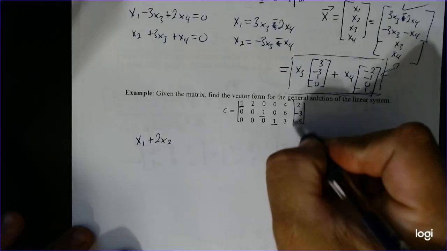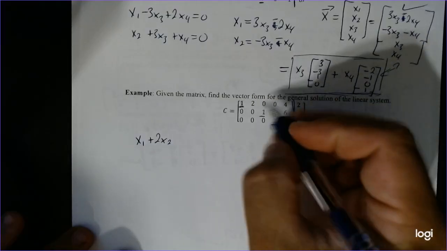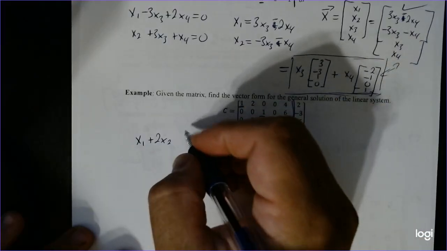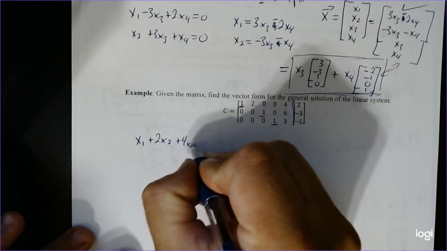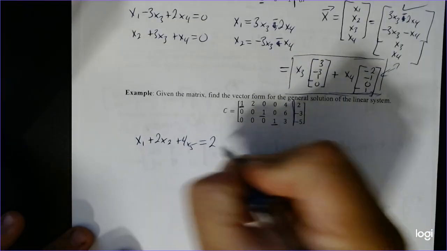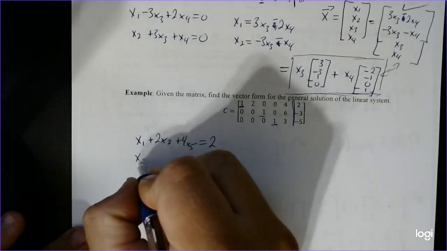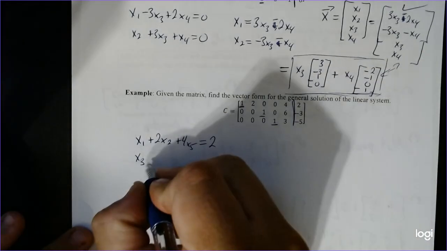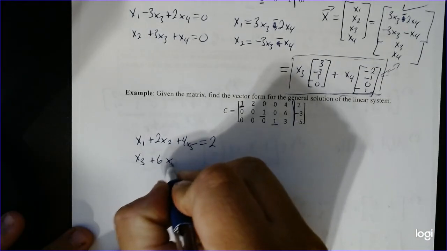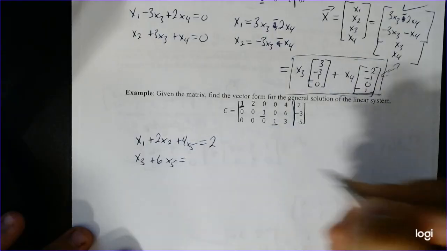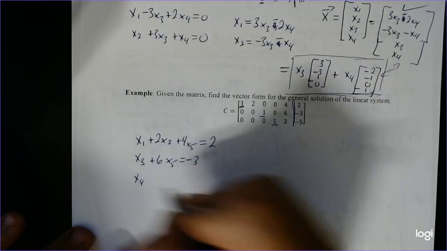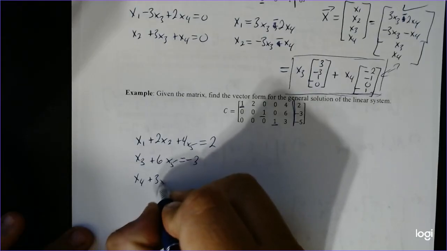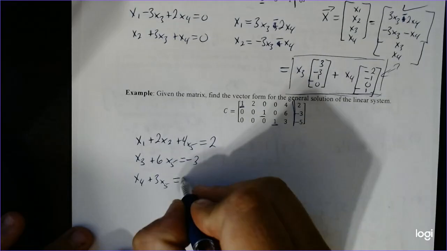So this is x1, x2, x3, x4, x5. Then x3 plus 6x5 equals -3, and x4 plus 3x5 equals -5.